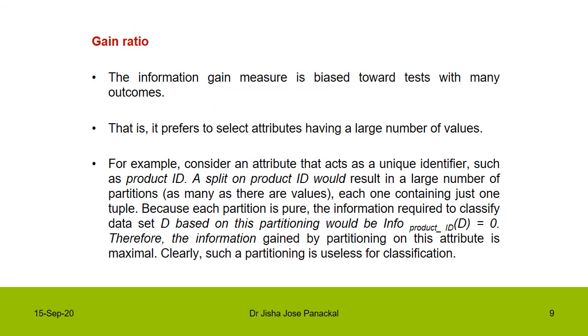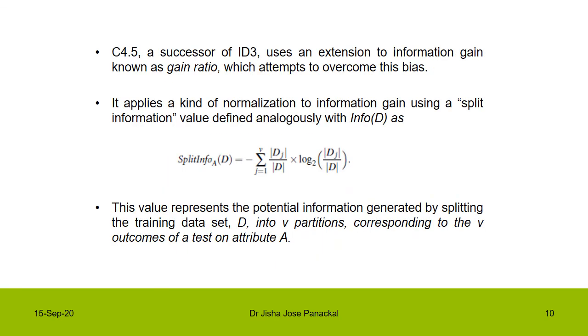Then we have gain ratio, and gain ratio is also calculated. The information gain measure is biased toward tests with many outcomes. So it prefers to select attributes having a large number of values. So this gain ratio is calculated using this particular equation, that is split info of D on a particular attribute.